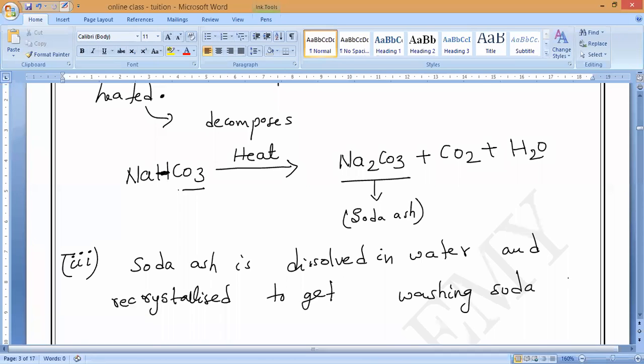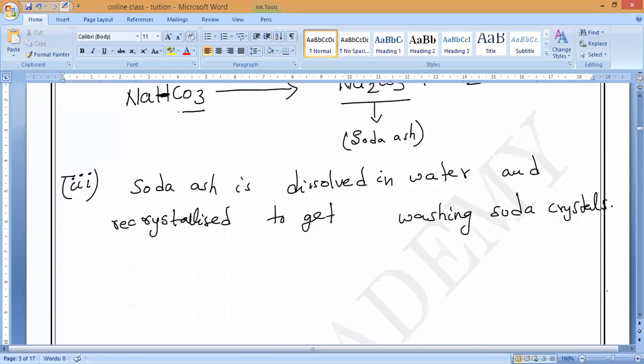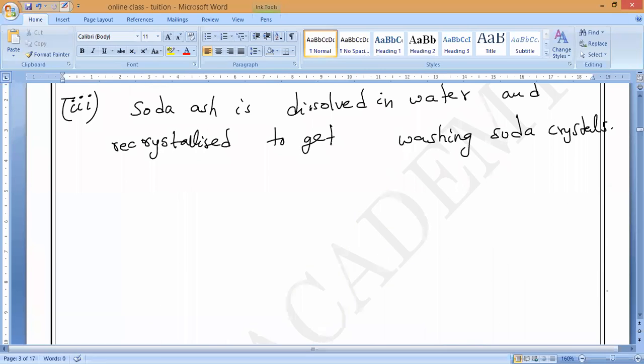Washing soda, soda crystals. Washing soda crystals contain water or not? Contains water. So Na2CO3, anhydrous sodium carbonate, combines with 10 molecules of water of crystallization.